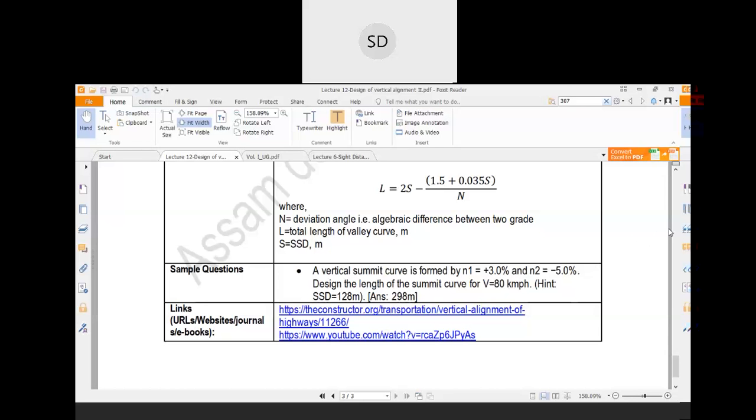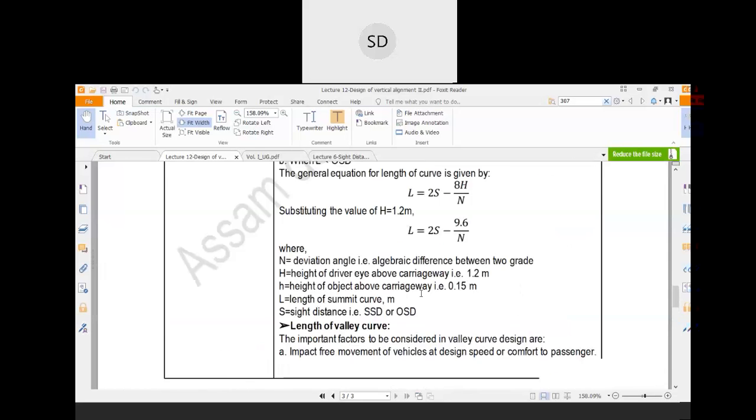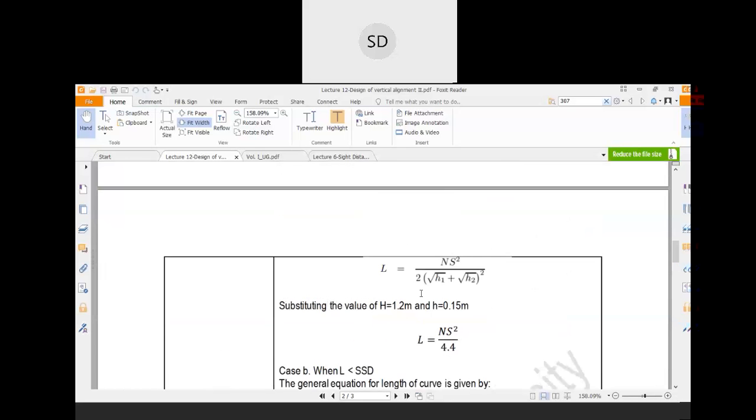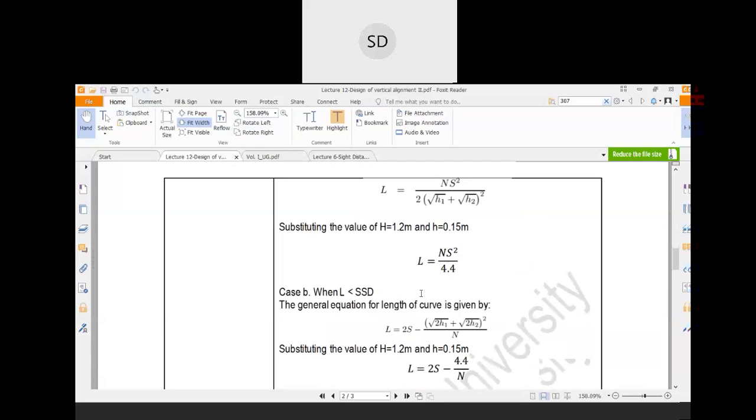Now you know the value of your stopping sight distance, that is the value of S. As you are designing the summit curve as per the stopping sight distance consideration, first you need to consider that your length is more than the stopping sight distance. So considering this, first calculate your length of the summit curve using this formula.